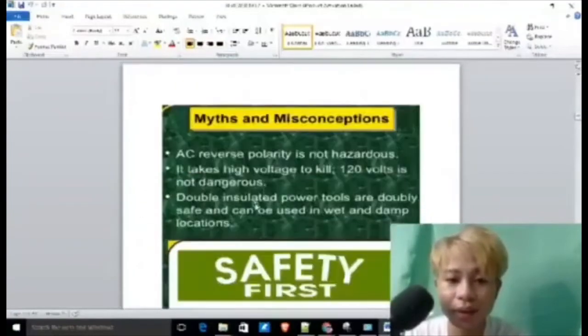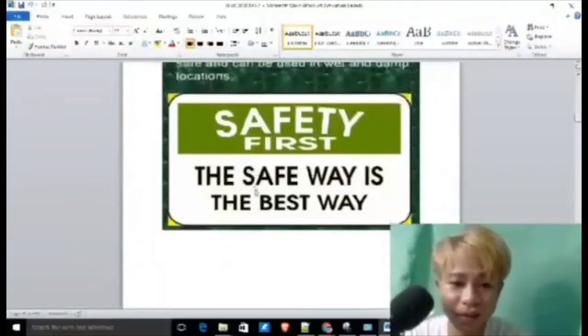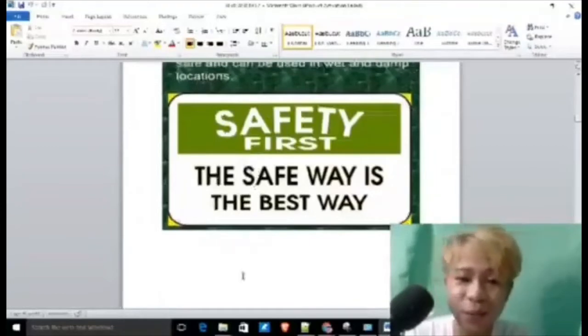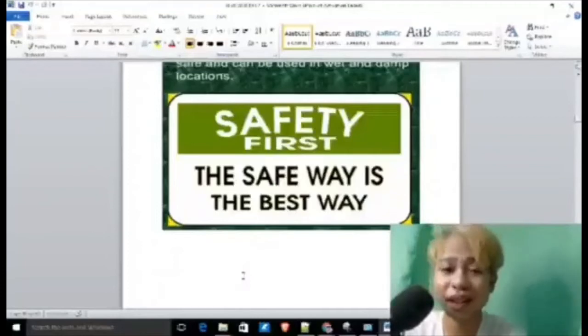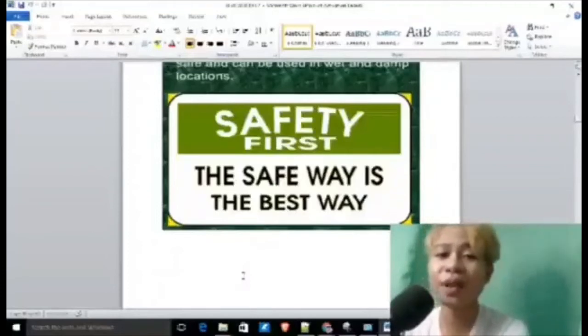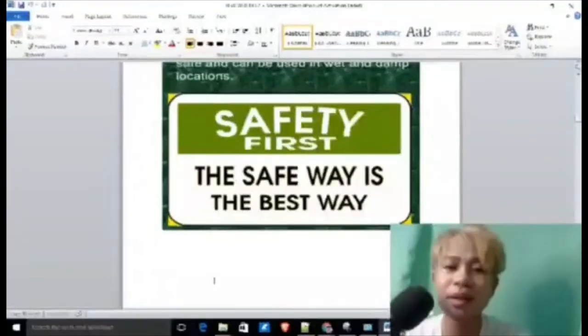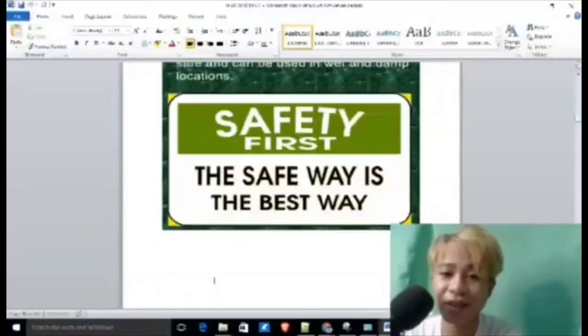This is the most important thing, to always be reminding us, not only in the activity to perform, but in all ways and all moments, to protect us from hazards and risks. That is, safety first. The safe way is the best. So yeah, it's good.